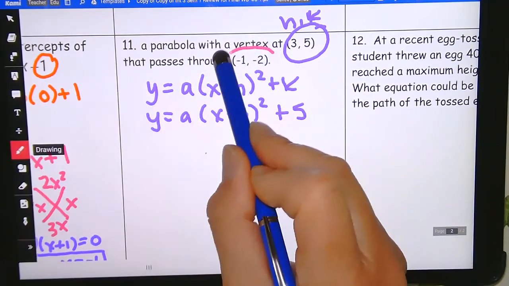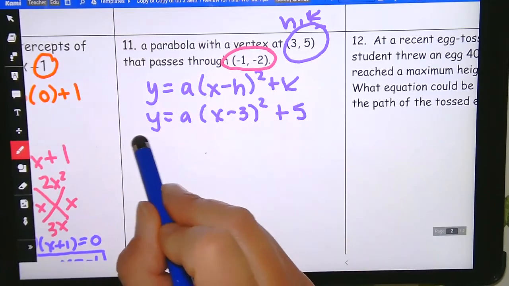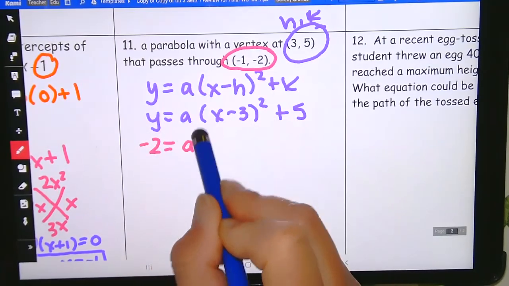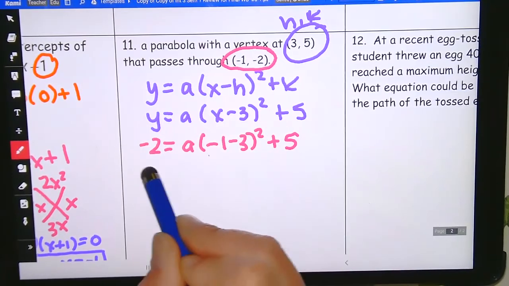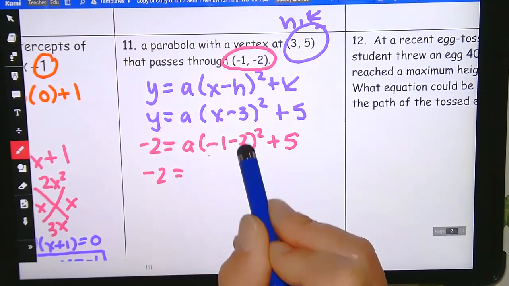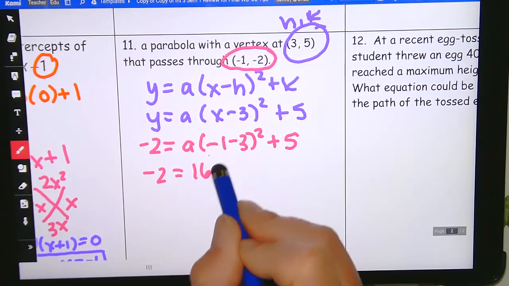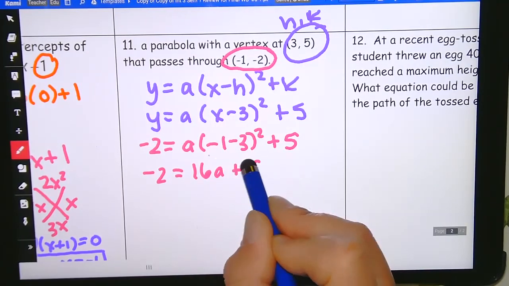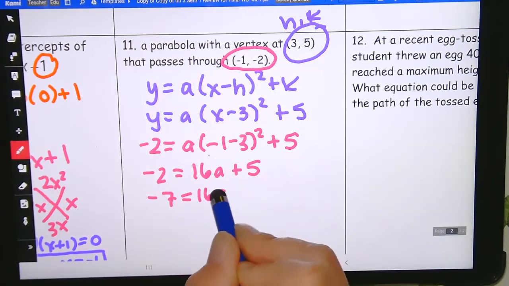Now to find my a, I'm going to be putting in this other point, this negative 1, negative 2, for my x and y. So negative 2 equals a times negative 1 minus 3 squared plus 5. Negative 2 is equal to, this is going to become negative 4 squared, 16a, plus 5. I'm going to get negative 7 equal to 16a.